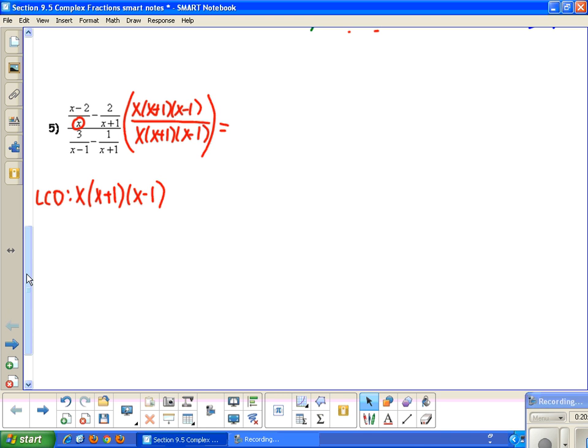So in my numerator, that means all of this gets multiplied by this first term here. So we have x minus 2 over x, and that's all going to be multiplied by x times (x plus 1)(x minus 1), and then we have minus 2 over x plus 1.